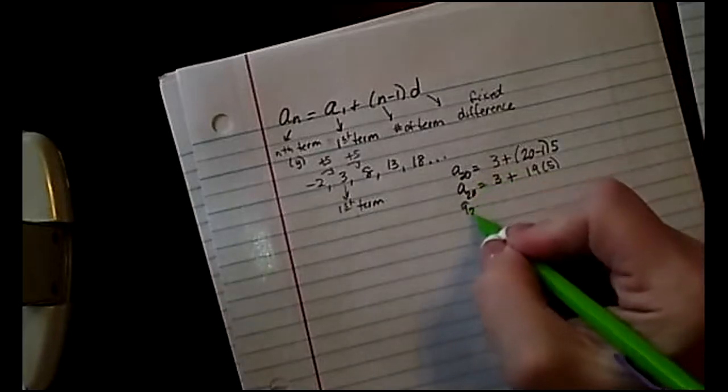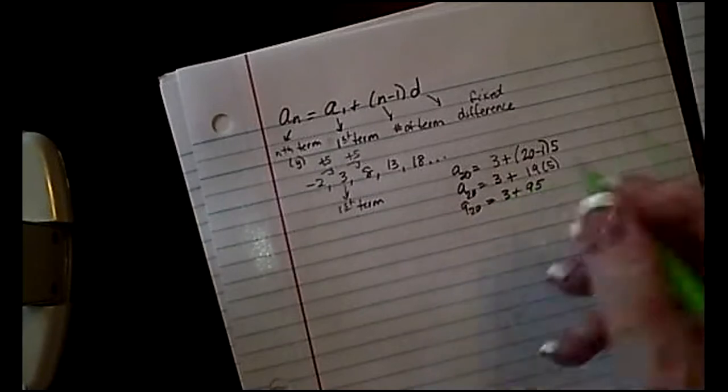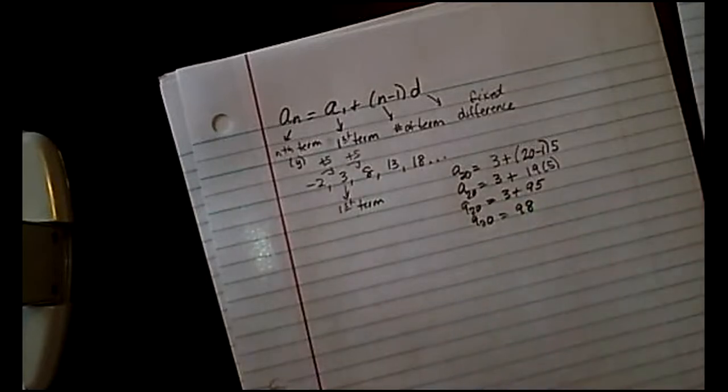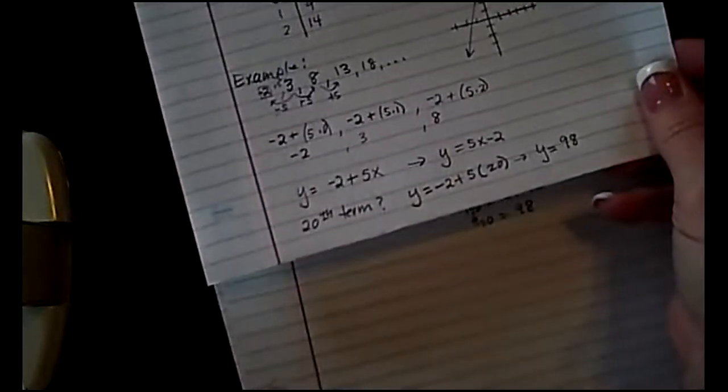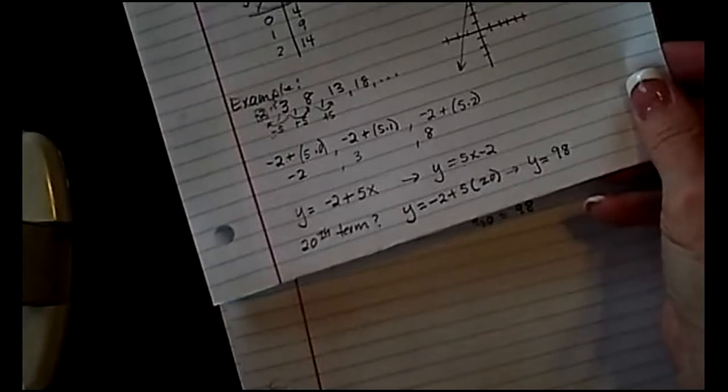Times 5. 95. All right. 3 plus 95. So a sub 20 is 98. Well, that's exactly what we found in our last problem that we did here, just finding the equation in terms of y and substituting it in.